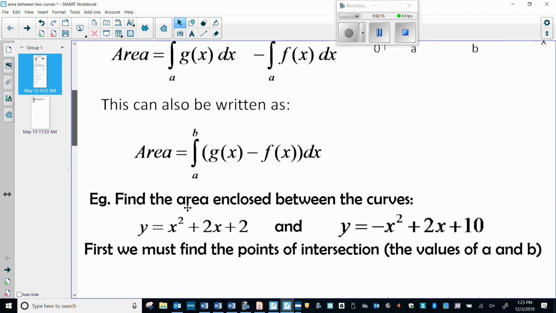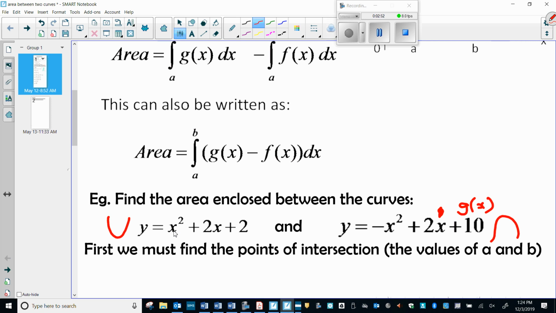For our actual example, we've got a positive parabola, so we know it looks like this, and a negative parabola, which is negatively sad, so this one would be on top. In other words, this would be our g(x). I used my understanding of functions to know that if something's negatively sad and something's positively happy, and there is an area between them, as there must be if they've asked the question, this one must be on top.